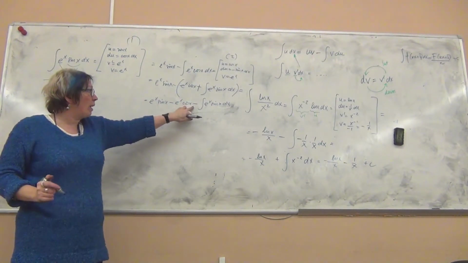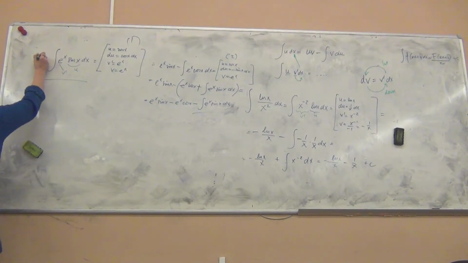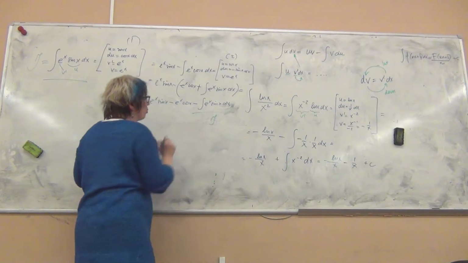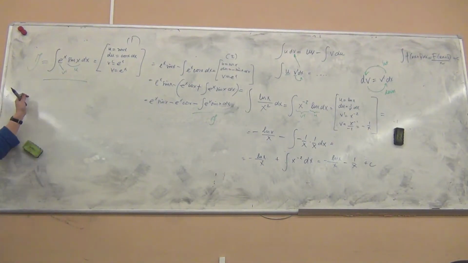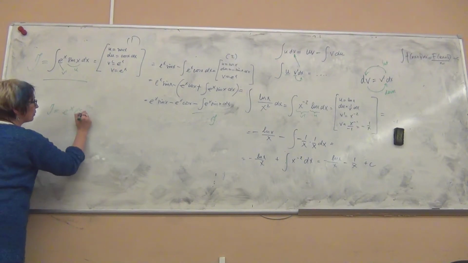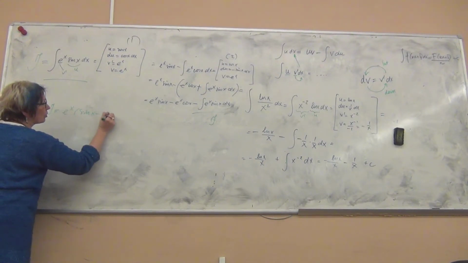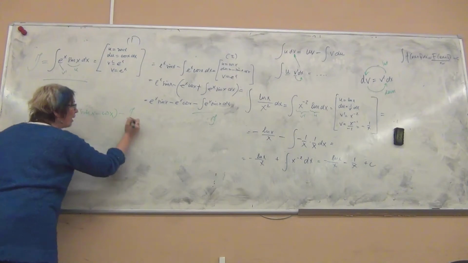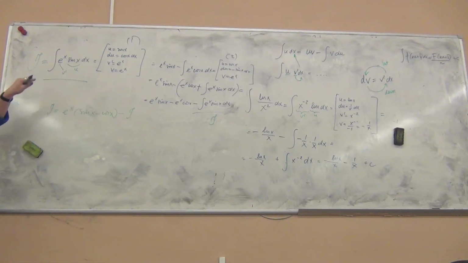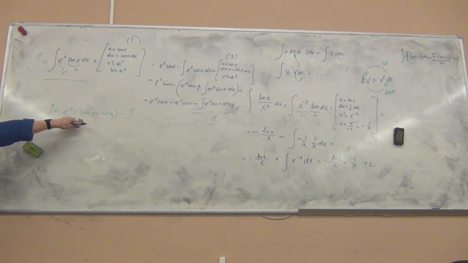But because this is minus, we could say, okay, this is integral I, and this is expression minus the integral I. So I imagine an equation like I equals e to the power x sine x minus cosine x minus I again. So I can carry this integral over to the left-hand side, get 2I equals this.